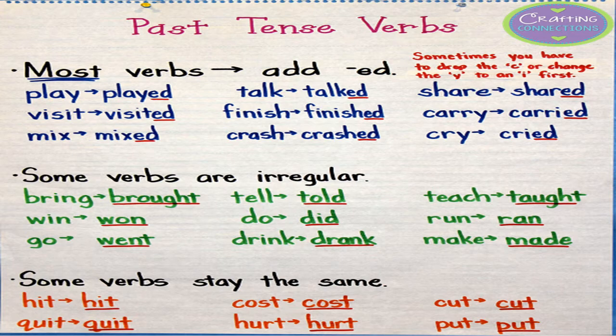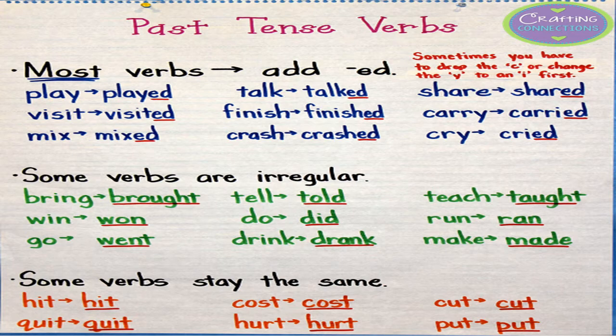If the verb ends with y and before y a vowel letter, we are going to add ed after y, like play, played. And to most verbs we are going to add ed, like talk, talked, finish, finished, crash, crashed, mix, mixed.